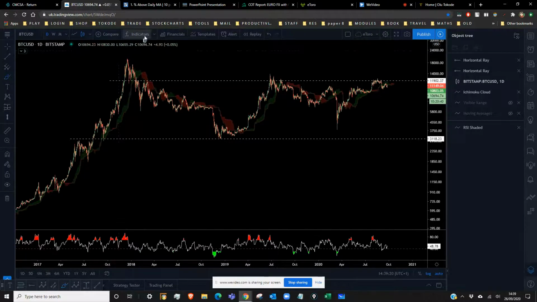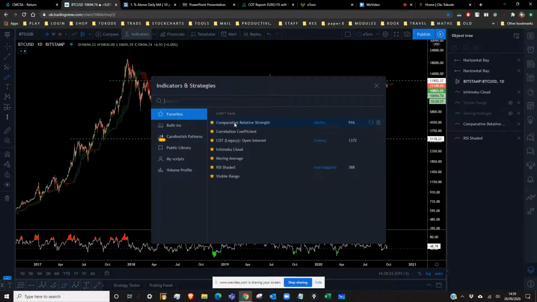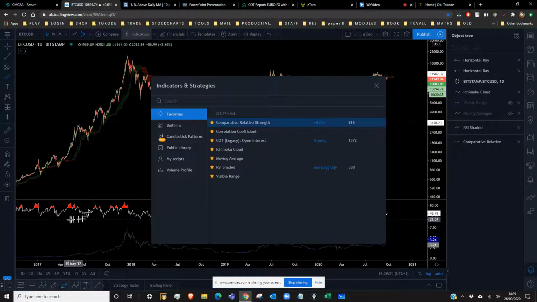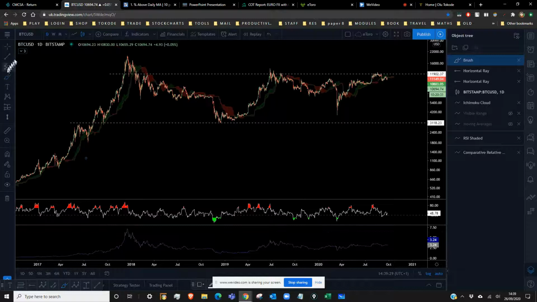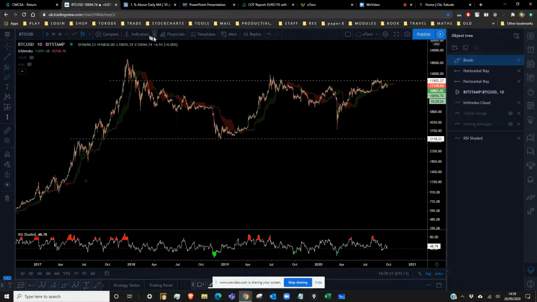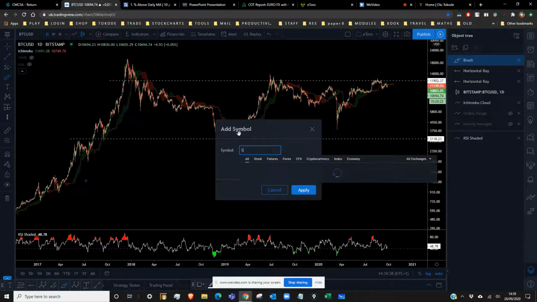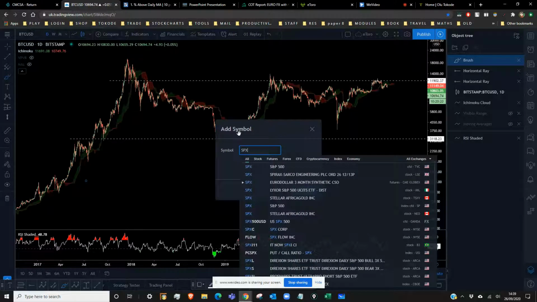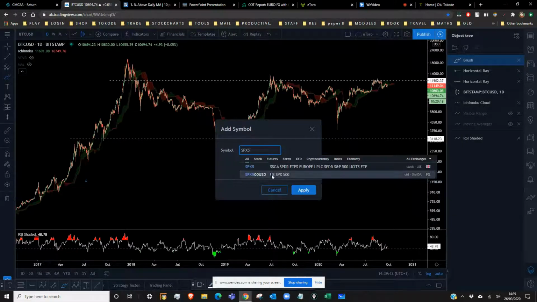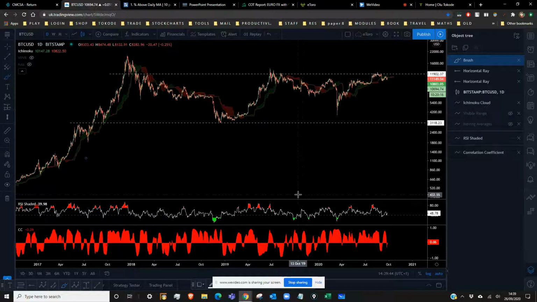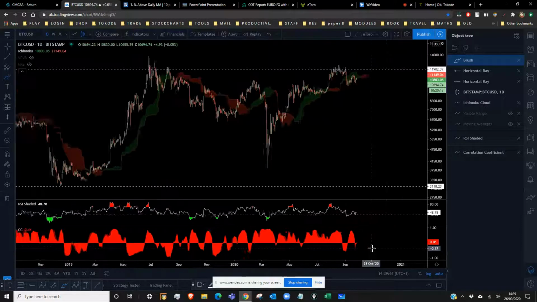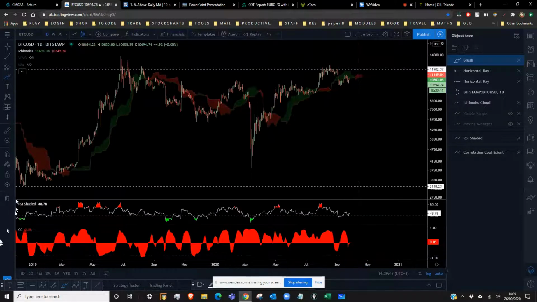Let me pull up my correlation coefficient and check it with the SPX 500. So what's the correlation? Actually, correlation is very low, 0.06.